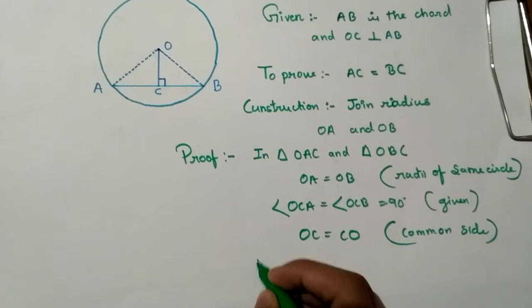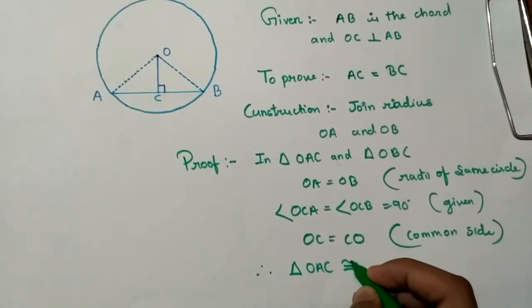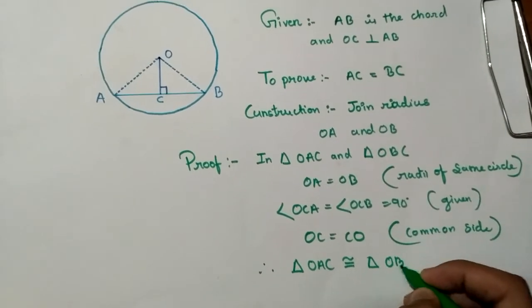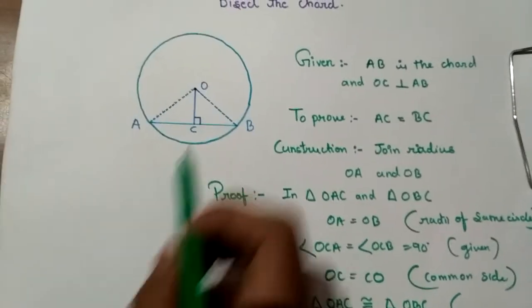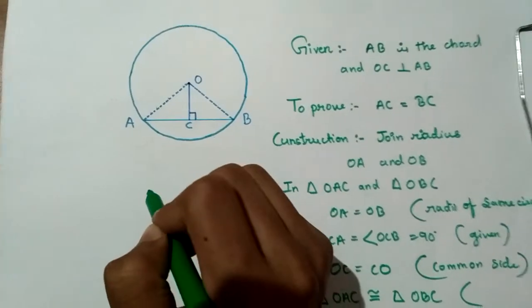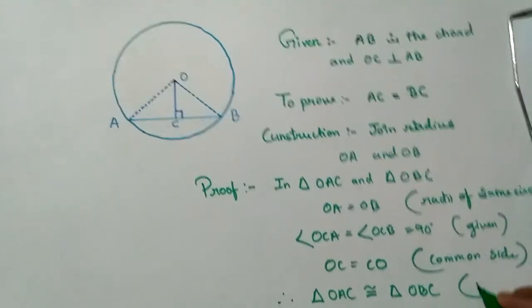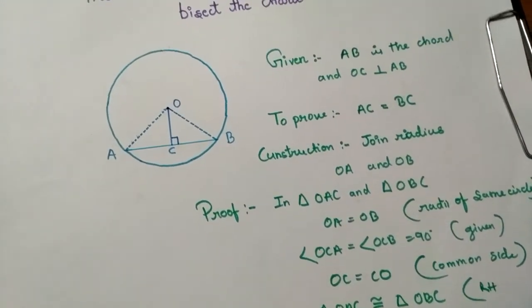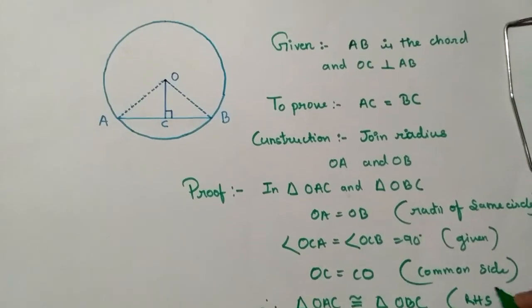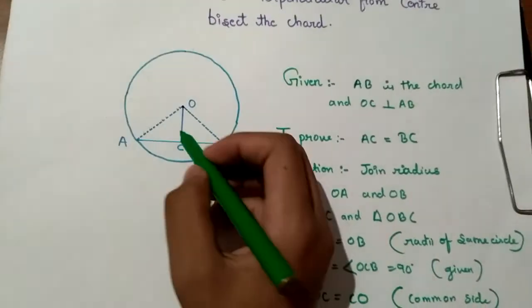So now, therefore, triangle OAC is congruent to triangle OBC. Friends, here we will take the congruency condition of RHS, right angle, hypotenuse, side. By the RHS congruency condition, we have proved the triangles congruent because the angle is 90 degrees.